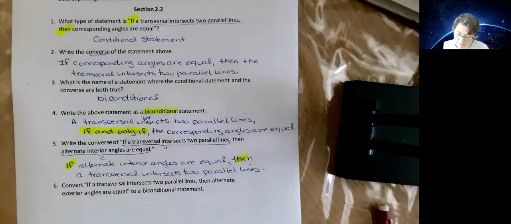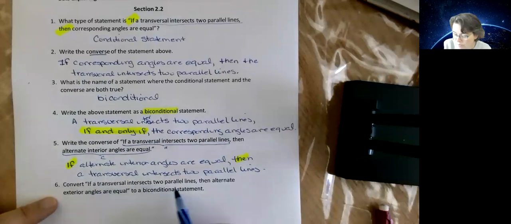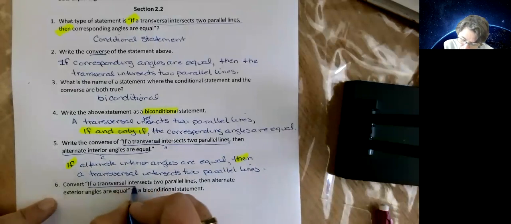All right, the last one there. If a transversal intersects two parallel lines, then alternate exterior angles are equal. Write it biconditionally. All right, so we're going to write this part.